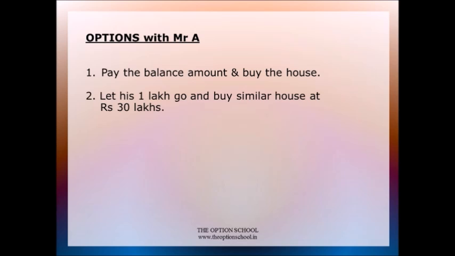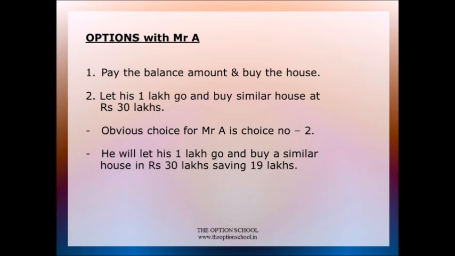The other option with Mr. A is that he lets his 1 lakh be foregone and he buys a similar house at rupees 30 lakhs. So the obvious choice for Mr. A is choice number 2. In choice number 2, he will let his 1 lakh go and he will buy a house in 30 lakhs and thus spend 31 lakhs in the whole transaction, saving 19 lakhs.